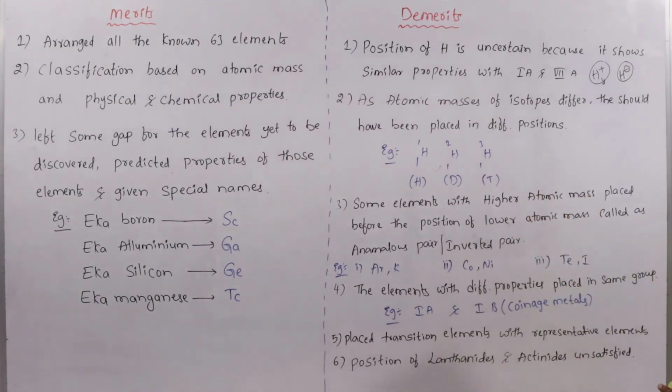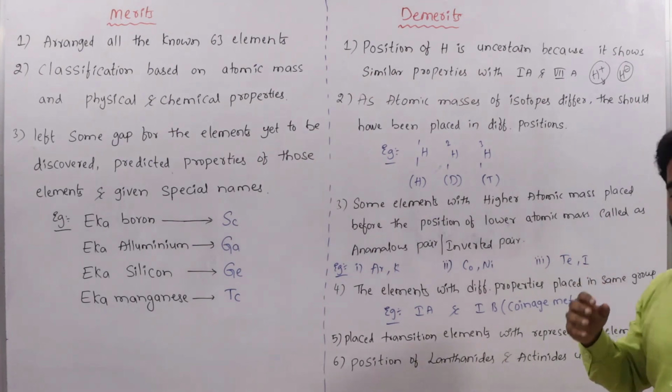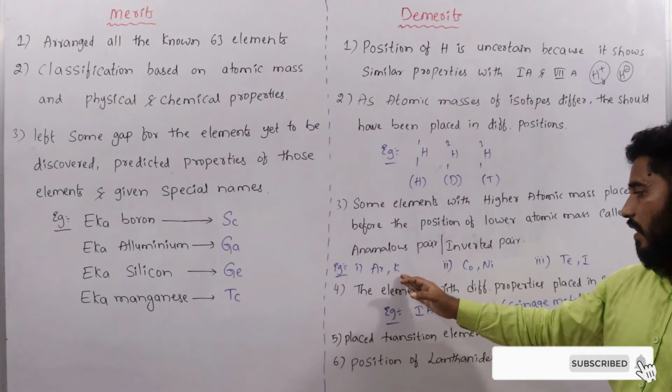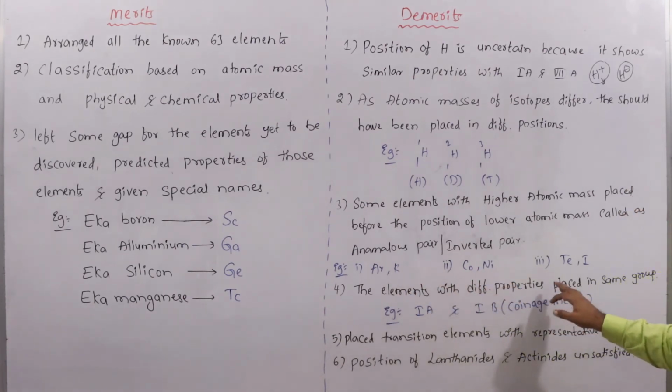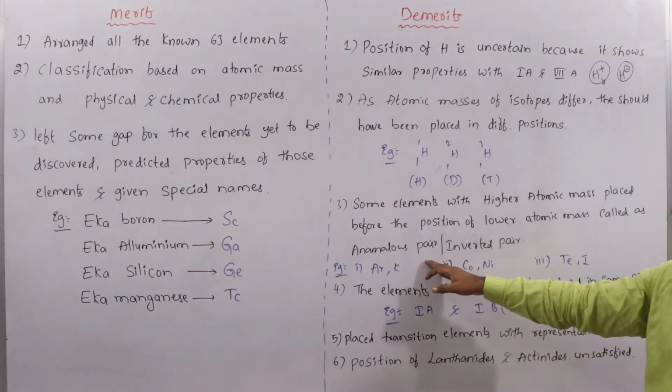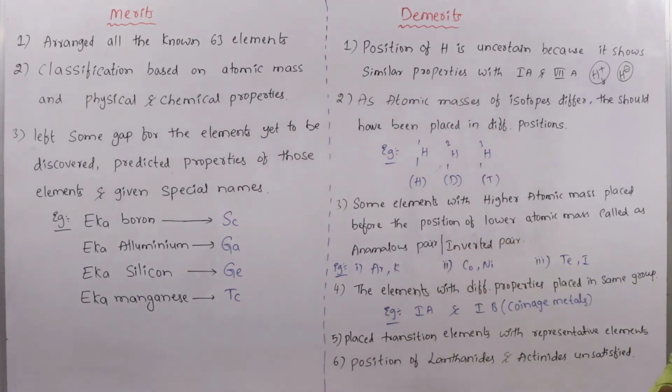That is one drawback. Next, some elements with high atomic masses are placed before elements with lower atomic masses, for example argon and potassium, cobalt and nickel, tellurium and iodine. Those pairs are called anomalous pairs or inverted pairs.